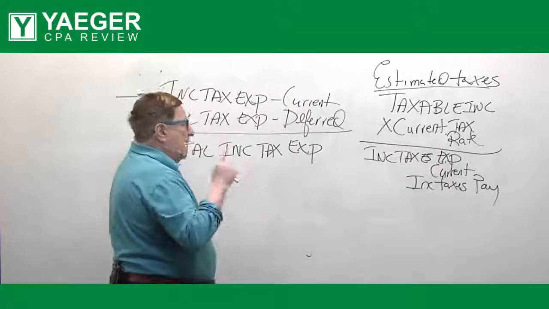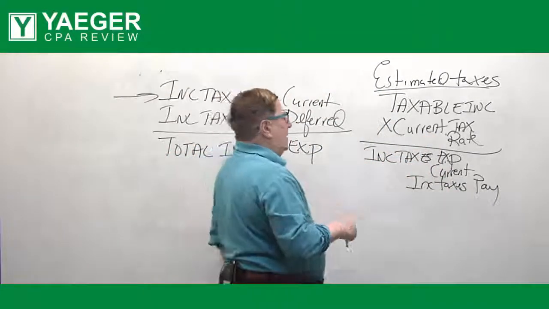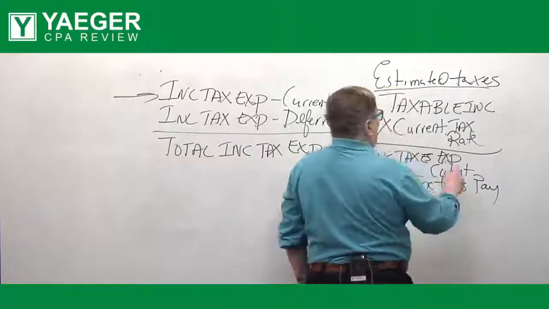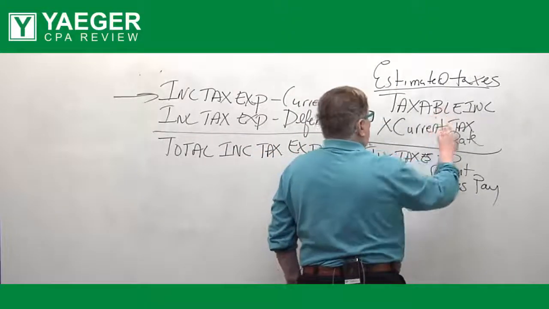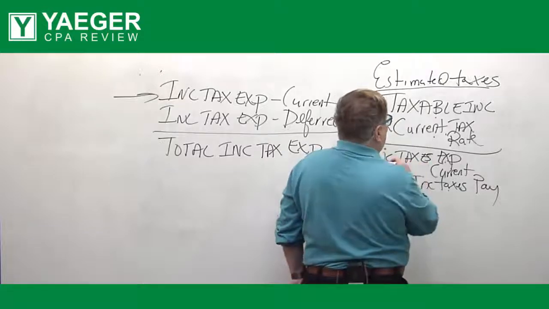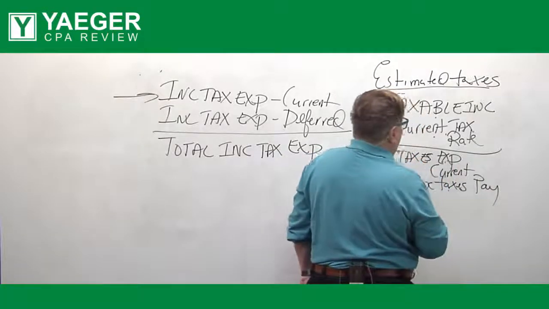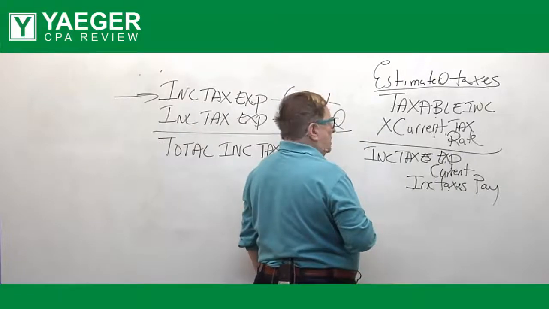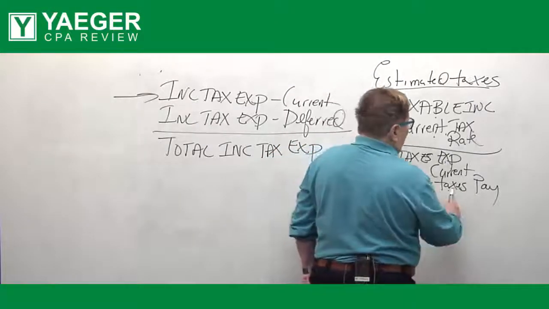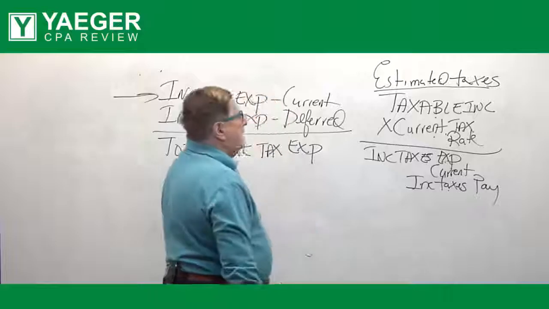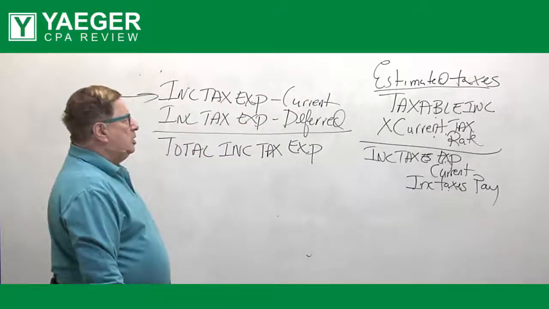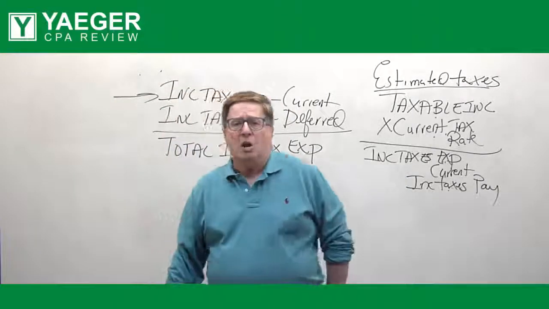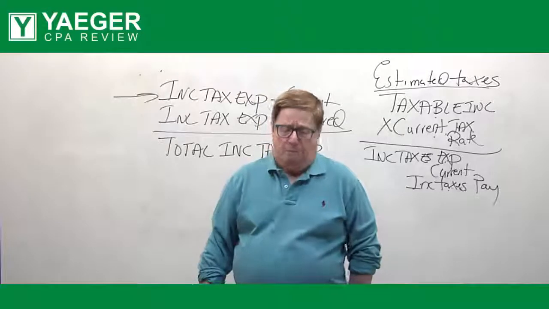But if they ask you for the income taxes payable, what do you do? Well, you take your taxable income times the current tax rate, and subtract from the income tax expense any estimated tax payments that you paid in advance, and that will equal the income taxes payable. So estimated taxes only affect how much you actually owe the government. It only affects the income taxes payable.